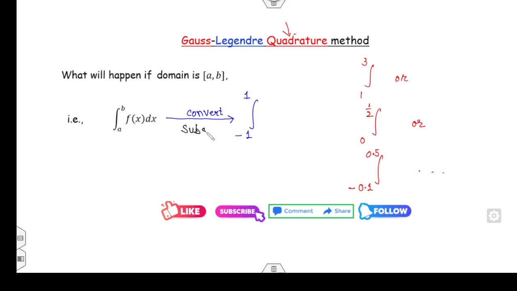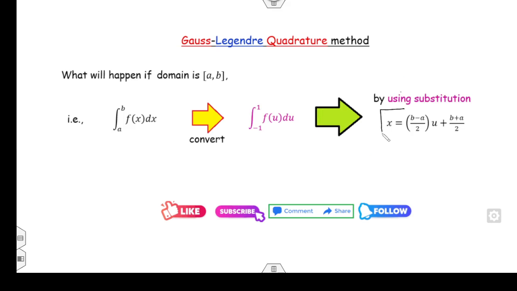We can use a substitution, defined as x is equal to (b minus a) divided by 2 times u plus (b plus a) over 2, where a and b are the lower limit and upper limit of the integration.